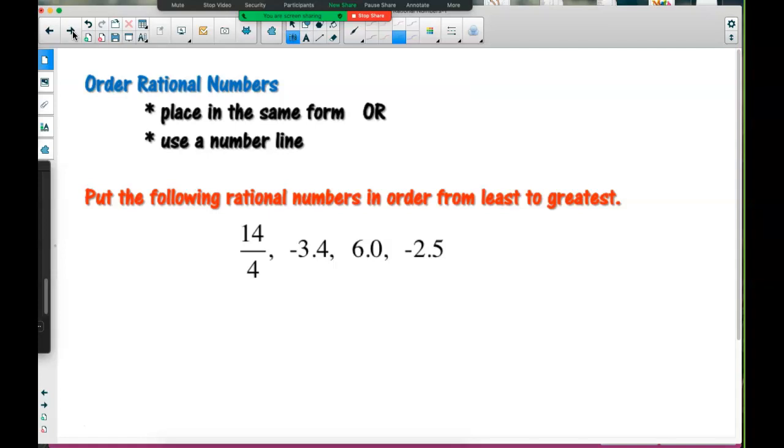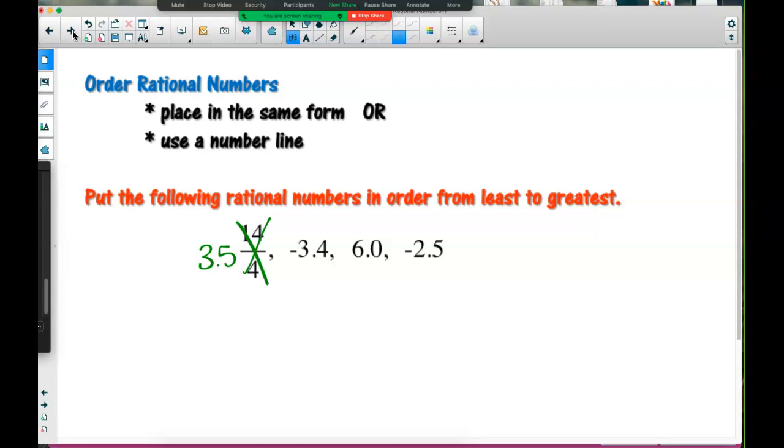And sometimes it's easier to write everything in the same form. If everything was decimals and we got rid of this fraction, that might help. 14 divided by 4, the decimal for that fraction is 3.5. So we have 3.5, -3.4, 6.0, and -2.5.